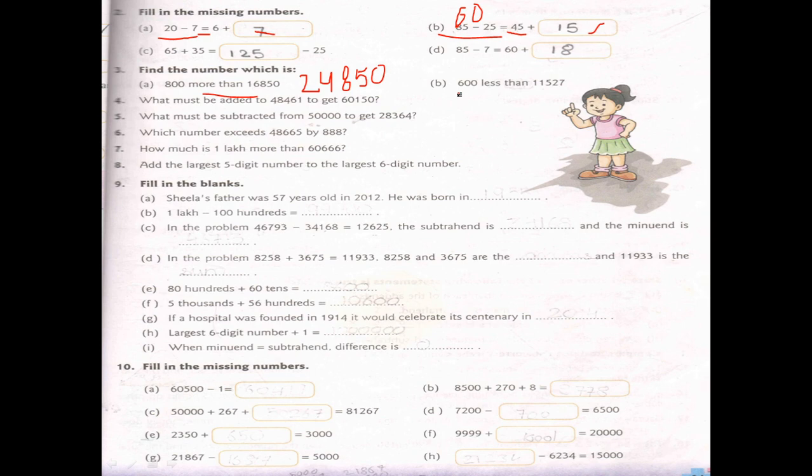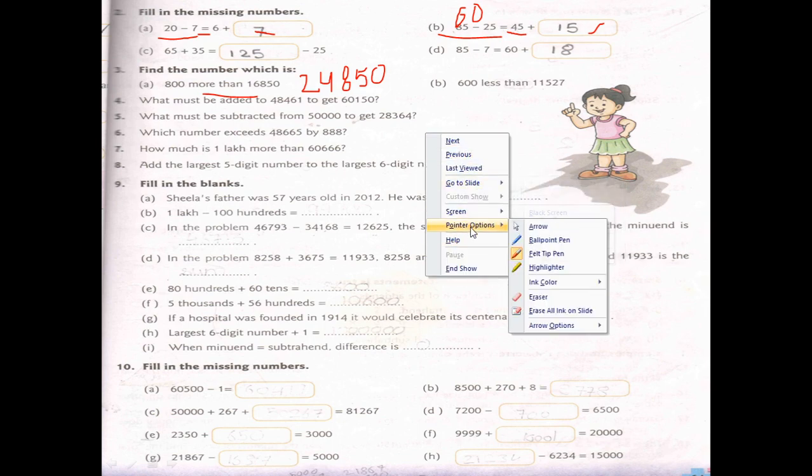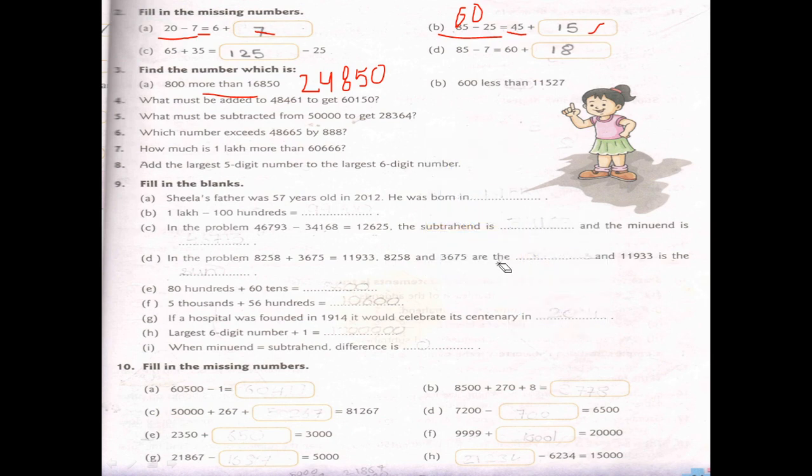Okay, 600 less than this. Wait, beta, 800. I think I have written the wrong answer. Wait.